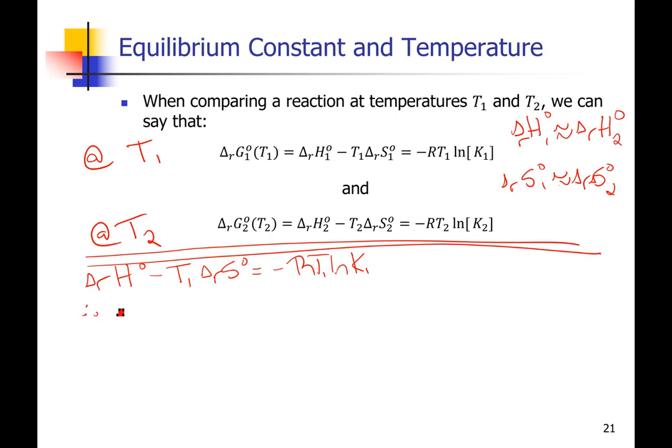So I'm going to bring the RT ln K term over to the left and take the T1 times standard entropy change and move that over to the right. And then to isolate the standard entropy change, I'm going to divide both sides by temperature.